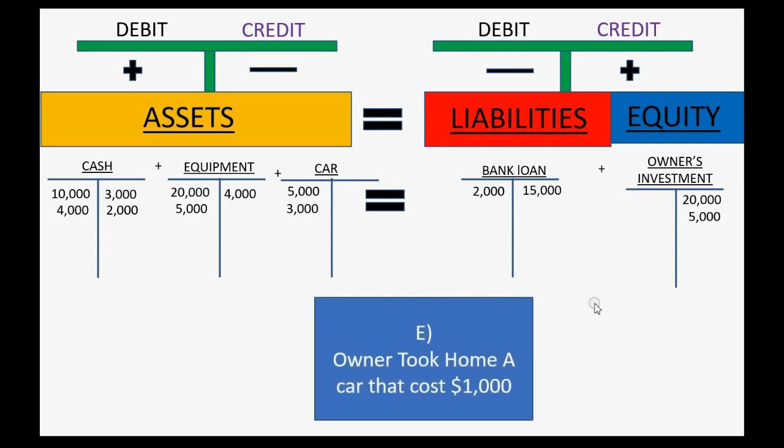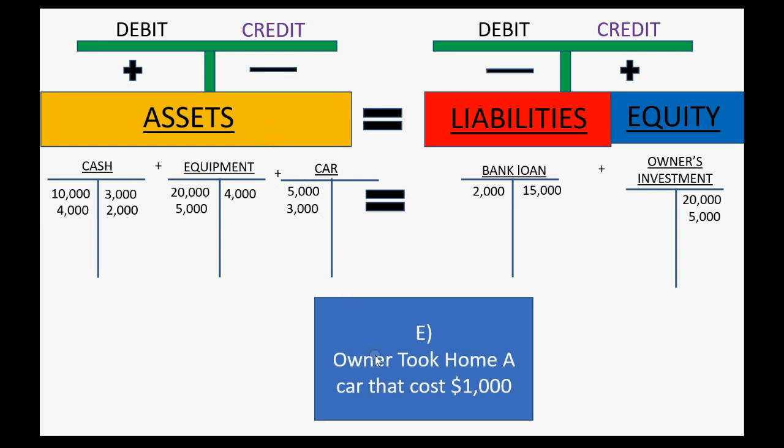Transaction E. Owner took home a car that costs $1,000. Well, we had something like this in the previous video, or at least I think we did. First of all, if we took home a car, this T account is representing the business's money amount of car, not the owner's. The business is a separate entity, and it is the business's T accounts that we're looking at. So the business has less car, and car is an asset and it's decreasing.